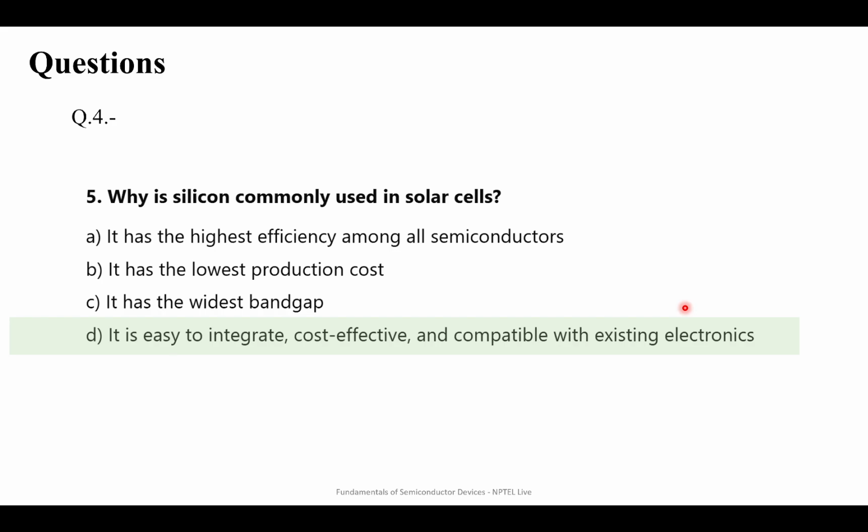Before solar cells existed, we were using silicon for other electronics, so all the processes for silicon already existed. So it became the automatic choice. And also the band gap of silicon is considerably good for solar cells.